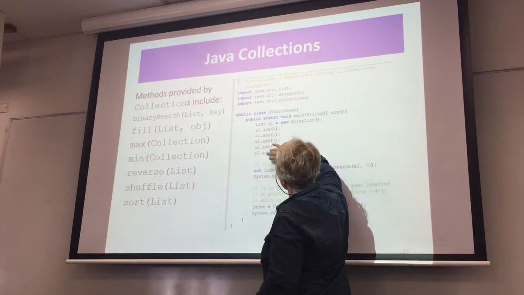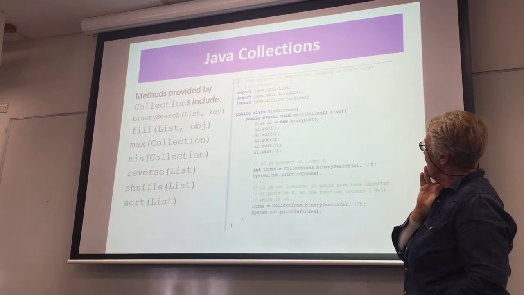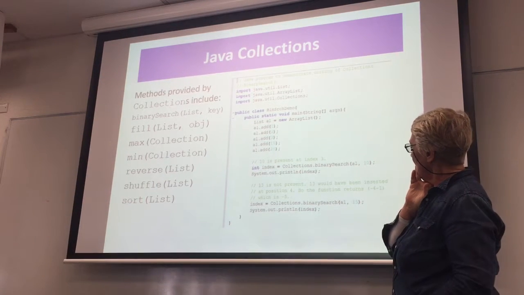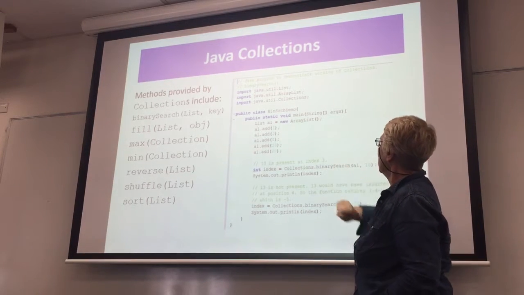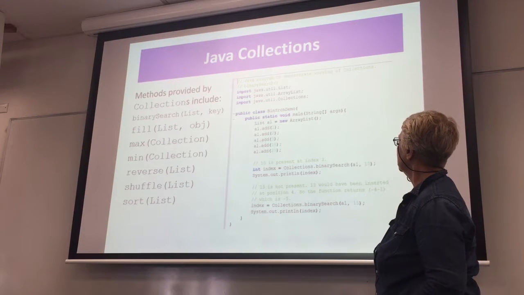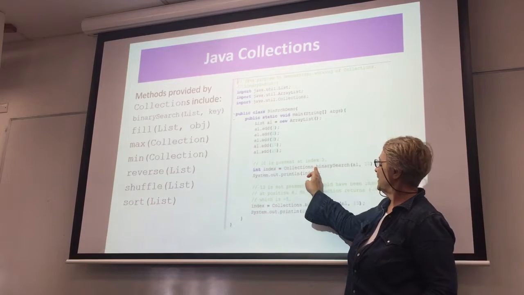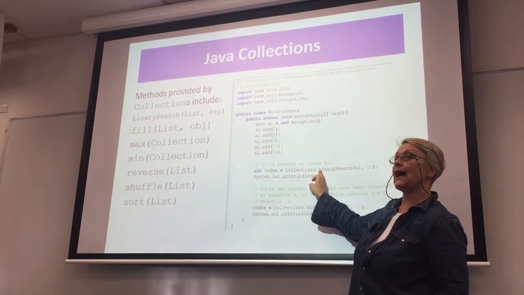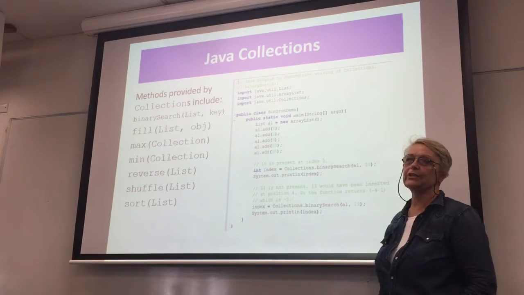And then you can see we construct the objects in our array list. And then we can invoke one of the methods, binary search, a static method invoked on the class. And we are looking for element 10 in this collection.